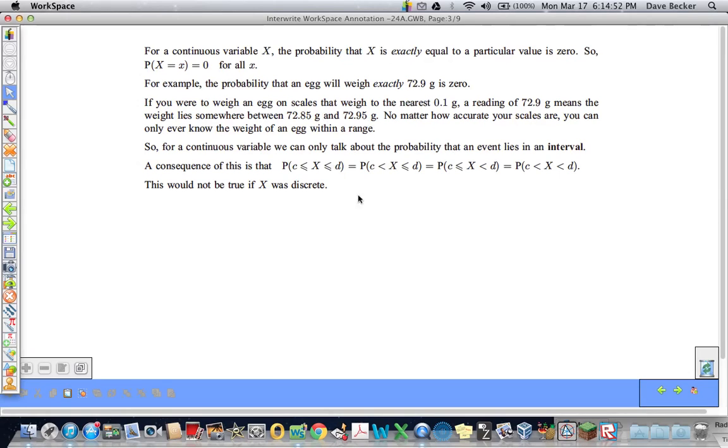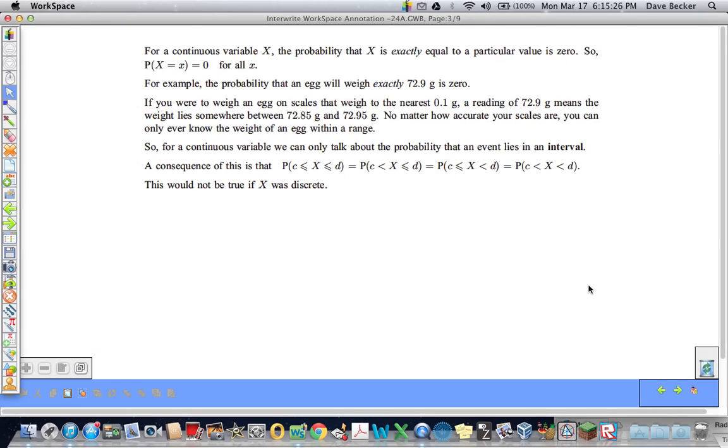But this example does a nice job of explaining it. If we have an egg, what's the probability that it will weigh exactly 72.9 grams? Well, the probability is 0. And why is that? Well, we can never be absolutely sure it's exactly 72.9 grams because our scales can only be so accurate. I mean, we could keep adding significant figures till the end of time here, and we would never know.